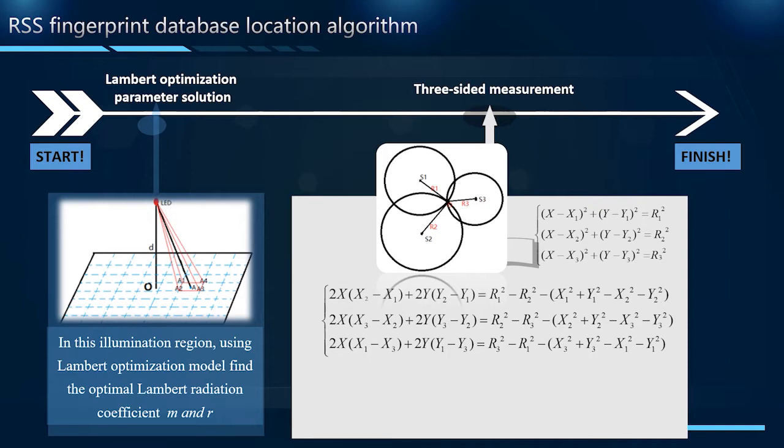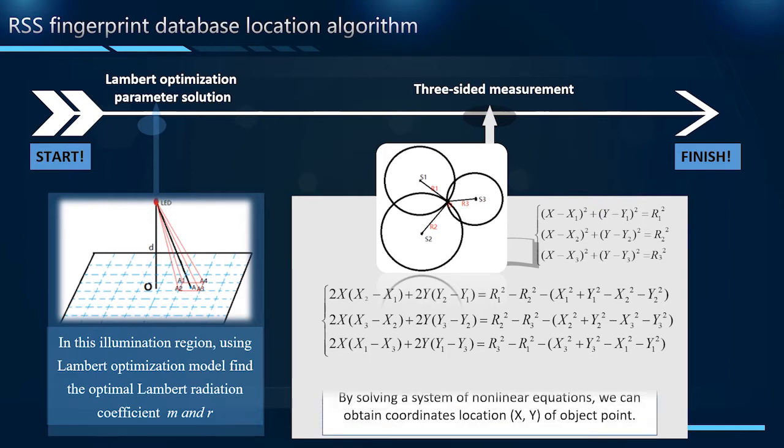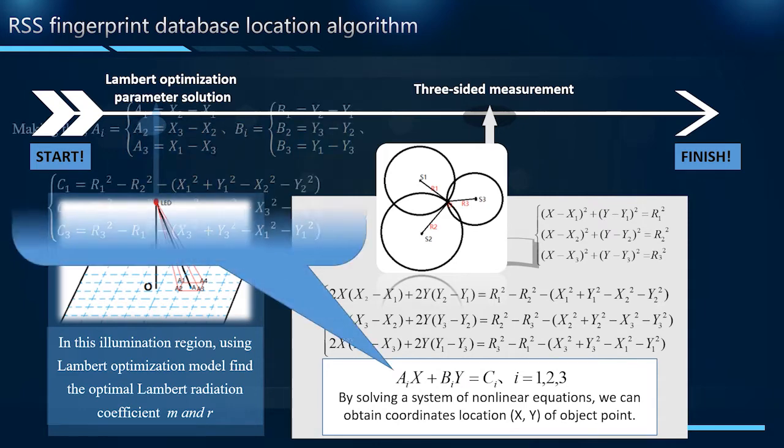In this illumination region, using Lambert optimization model, we can find the optimal Lambert radiation coefficient m and R. Then, using the principle of three-side measurement, by solving a system of nonlinear equations, just as shown on the screen, we can obtain coordinates location x, y of object point.